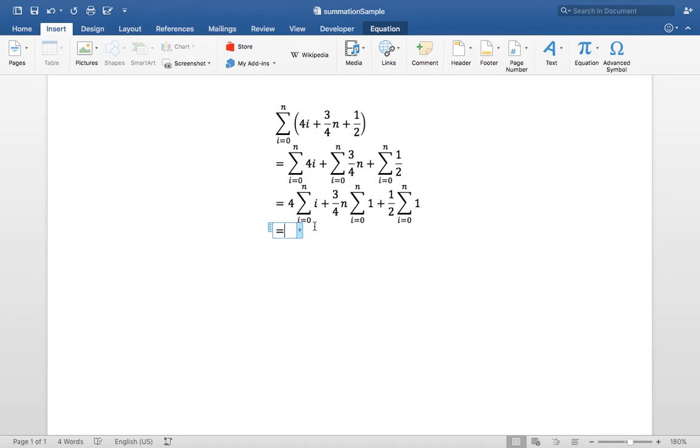Okay, now that we have some summations, we can further break them down. Let's look at our first one here. We have 4 times the summation of i as i equals 0 to the nth term. Now every good computer scientist should know this formula. When you have a summation of i, when i equals 0 to the nth term, it's simply going to be n times n plus 1 all divided by 2.